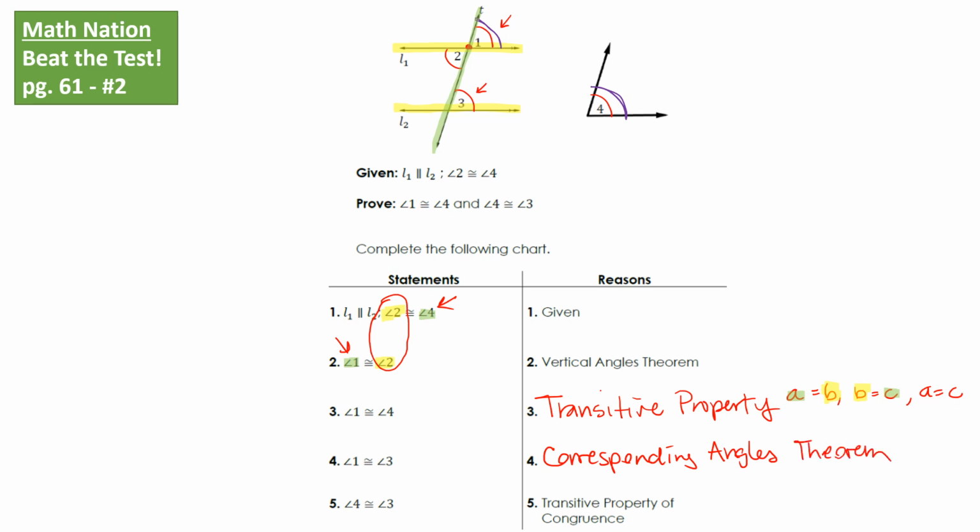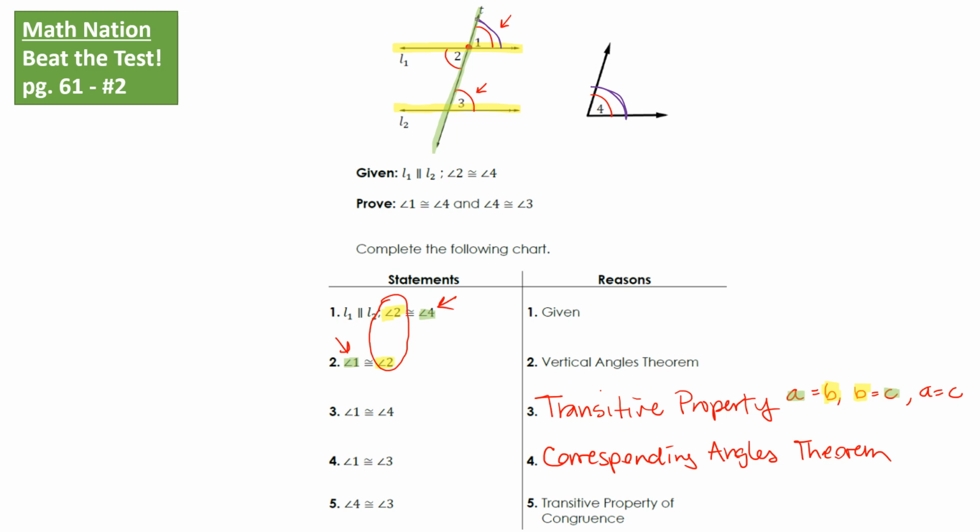right? And then if it's the corresponding angles theorem, if I know that angle 1 and angle 3 are congruent, then that leads me to proving the statement that we are originally trying to prove, that angle 4 and angle 3 are congruent. And again, we have that same situation that we had with statements 1 and 2 with the transitive property.